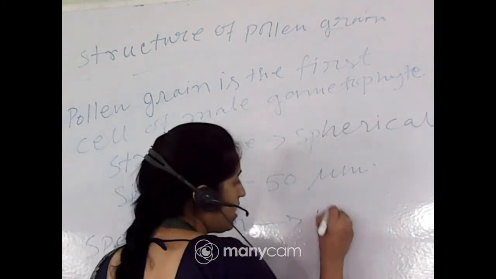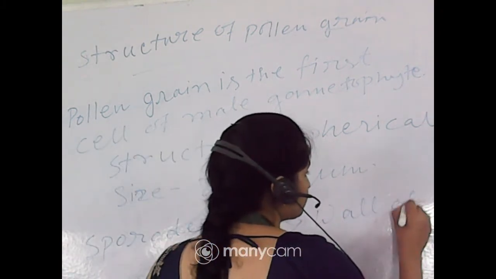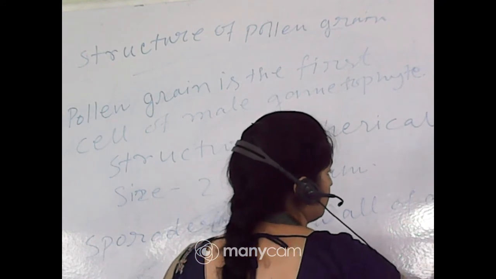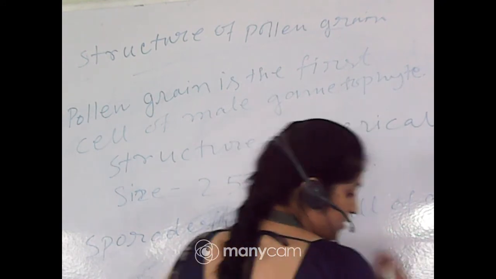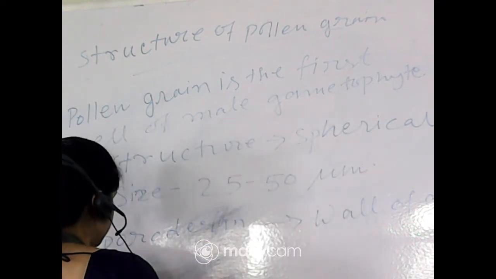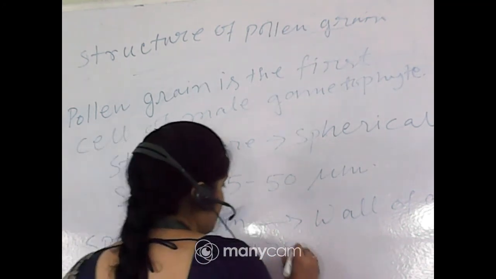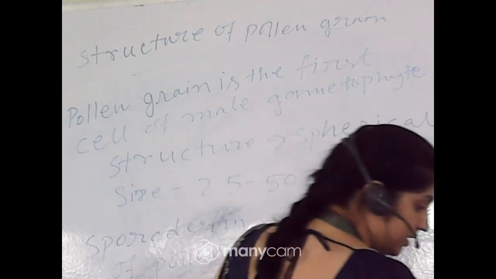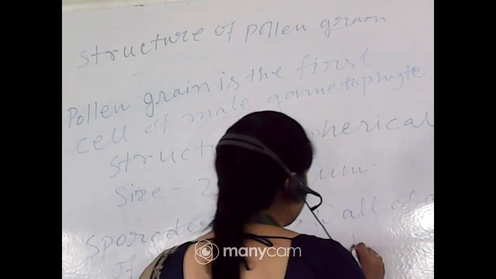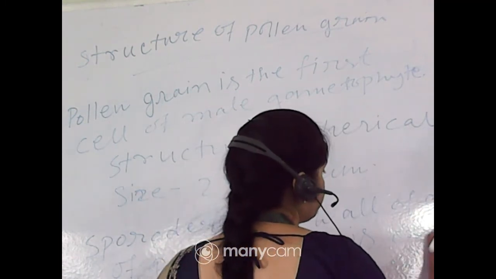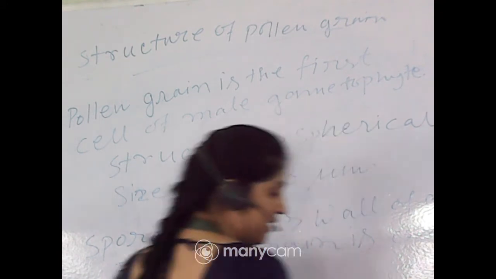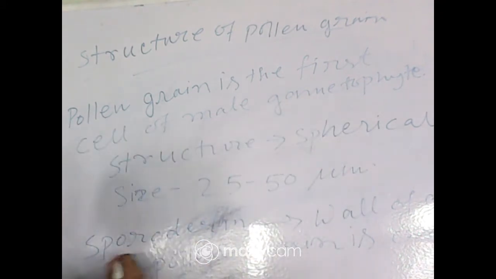Sporoderm, the wall of covering of pollen grain, is called sporoderm. Okay, it has two layers, remind that.